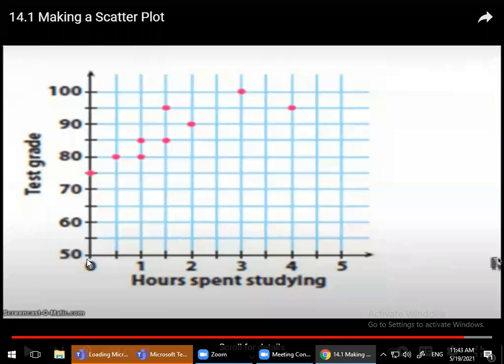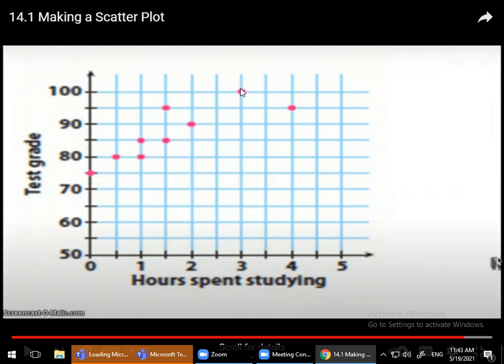The graph starts with half an hour, 80, then 1 hour, 80 to 90, then 1.5 hours, 85, and then 95, and so on.